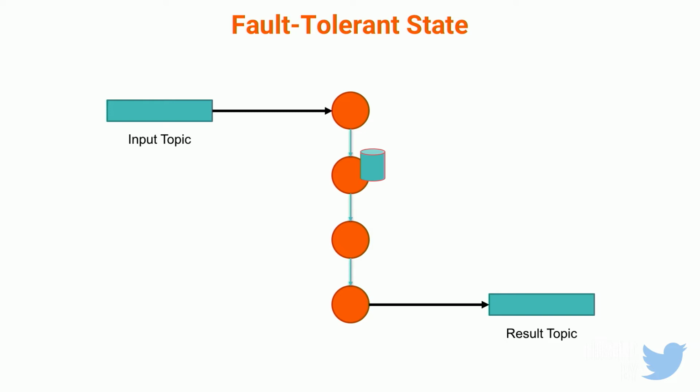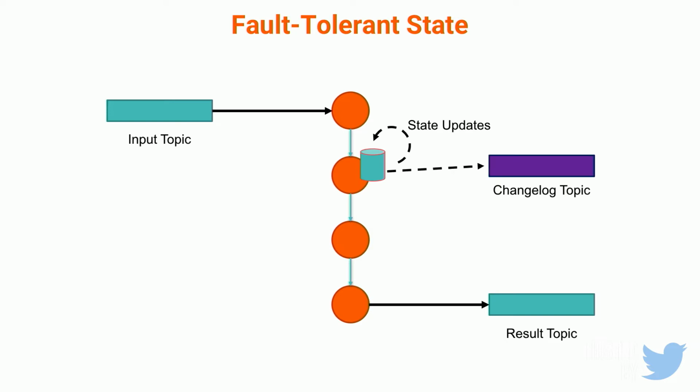In order to make this state fully fault tolerant, we create a changelog topic in the Kafka cluster. Every state update that is done is also written as an update record into this changelog topic. And that allows us to store the state reliably. So basically it means the changelog topic in the Kafka cluster is the source of truth, and the local state can be seen as an ephemeral cache.